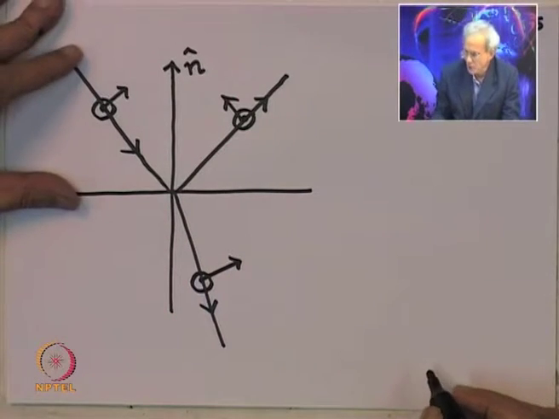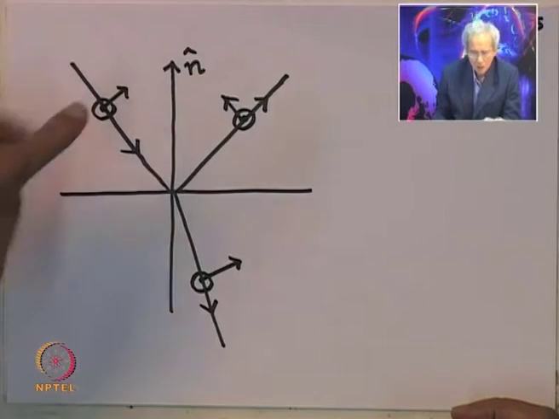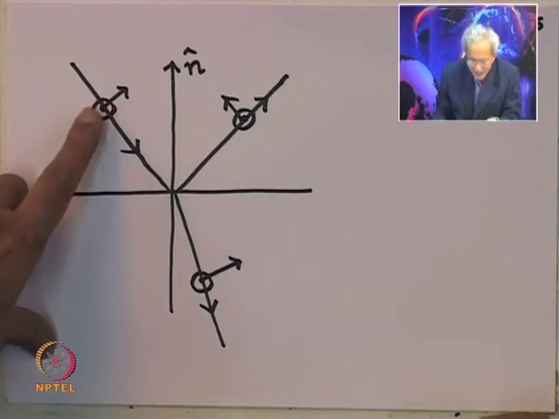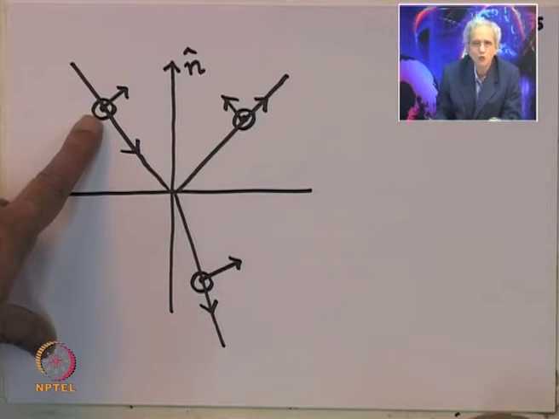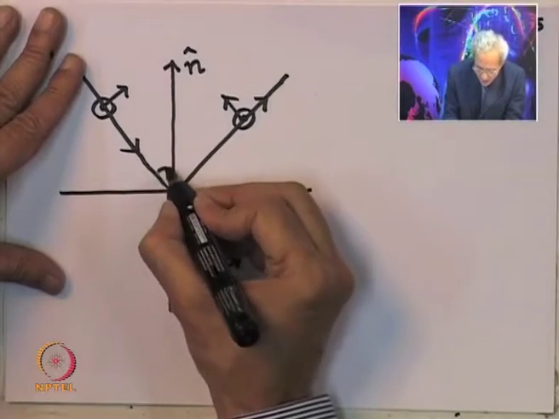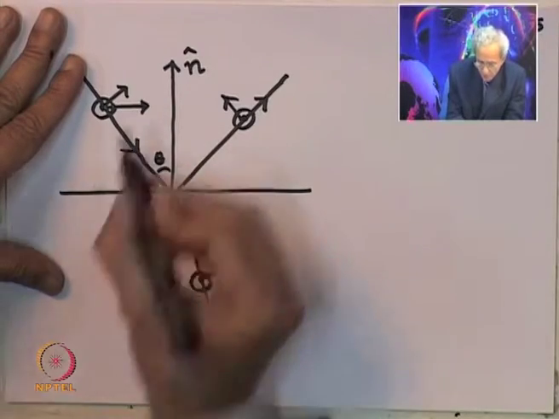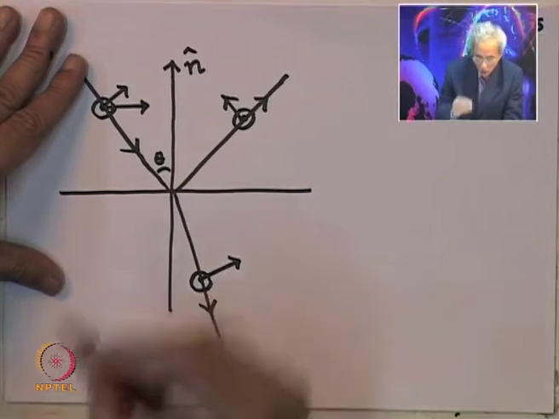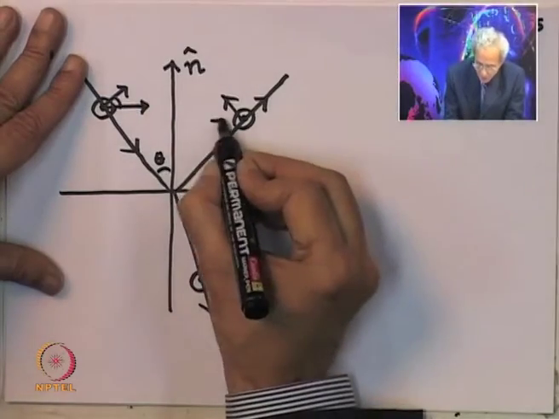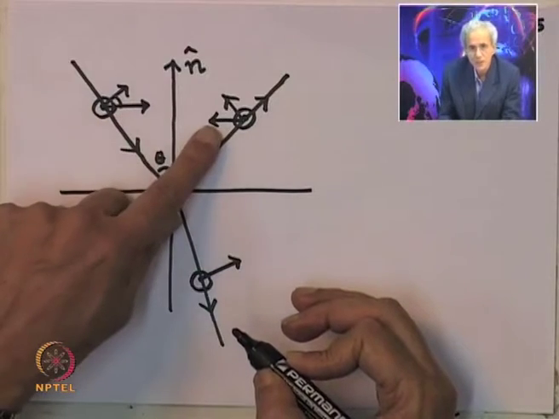Now, in this picture, I am going to work out the equation corresponding to the tangential component of the electric field being the same. You notice that since this angle is theta, the tangential component is like this. If this angle is theta, this angle happens to be theta, and the same way here. So, these are in opposite direction.